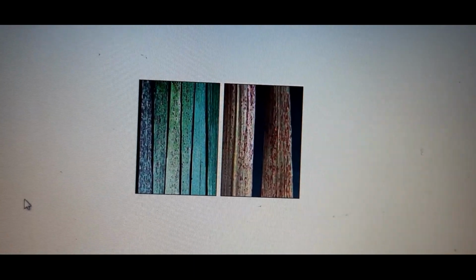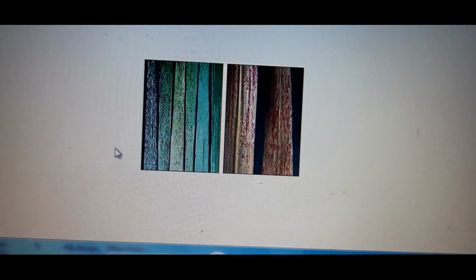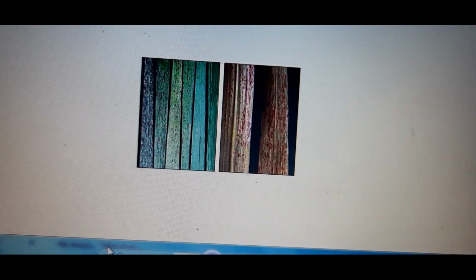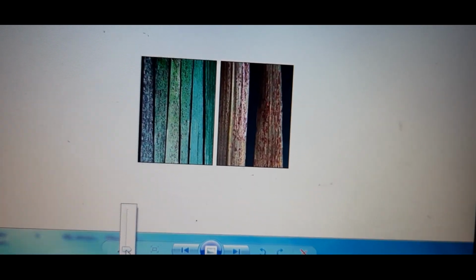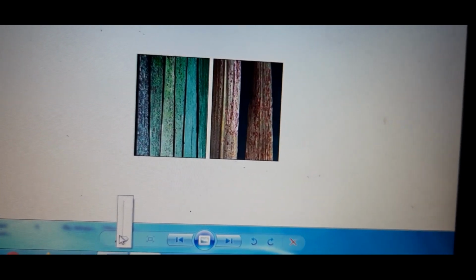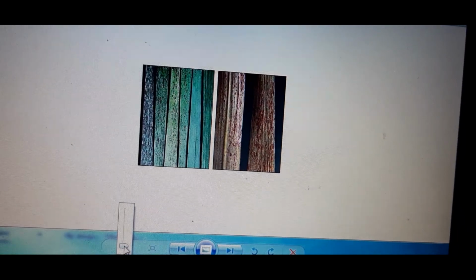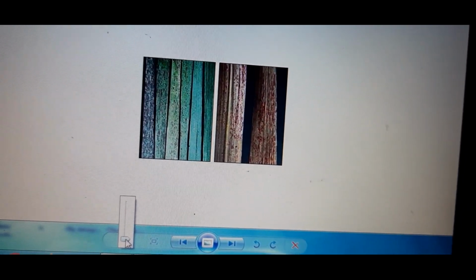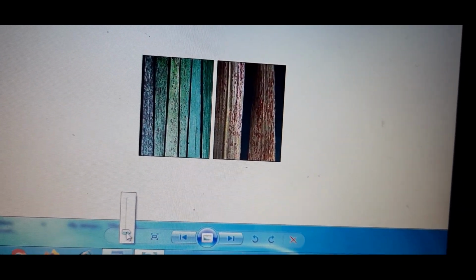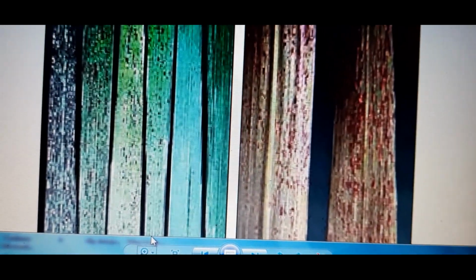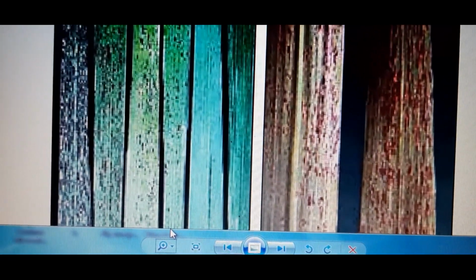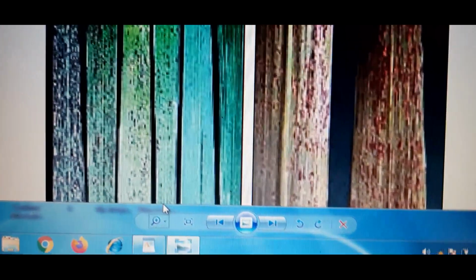See here, these are sugarcane leaves. One minute, I'll enlarge this. Yes, in sugarcane leaves, we can see some red colored spots like this.